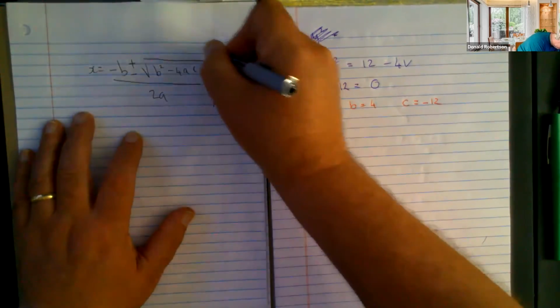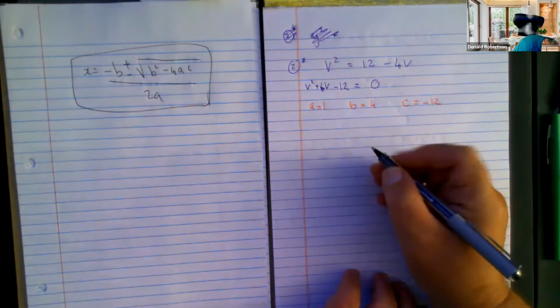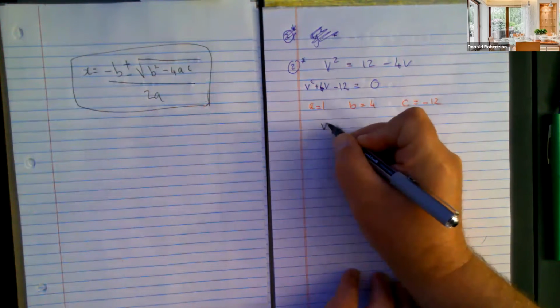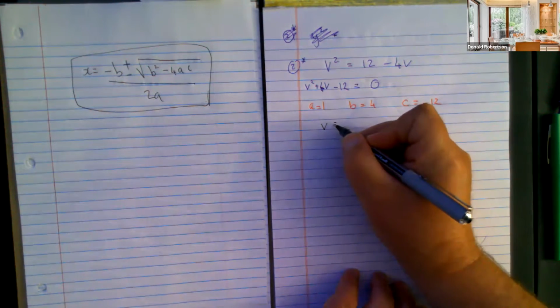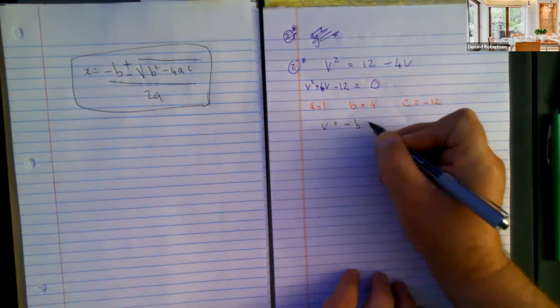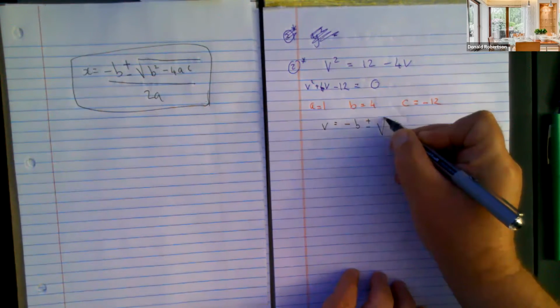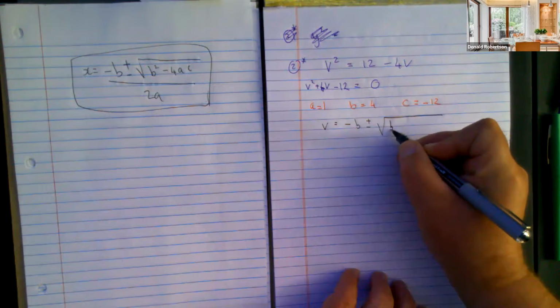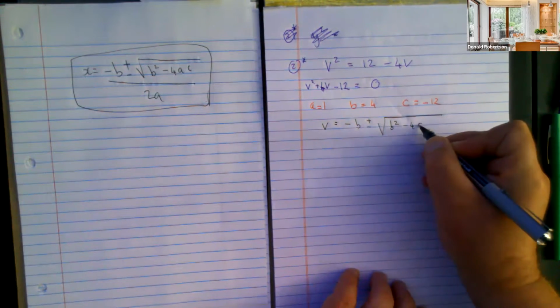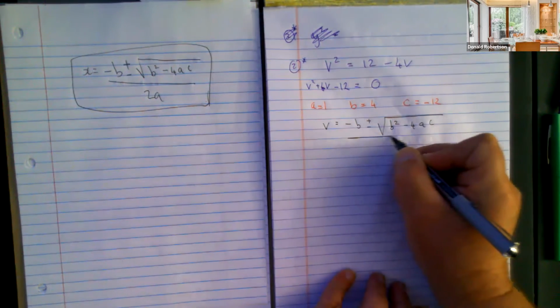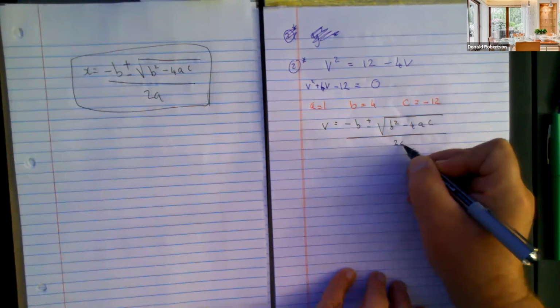And that's our quadratic formula. So what do we have? Instead of x equals, it's just going to be called v equals negative b plus or minus the square root of b squared take away 4ac all divided by twice a.